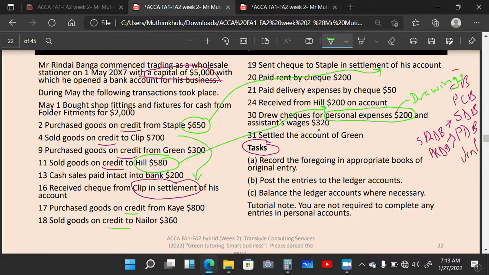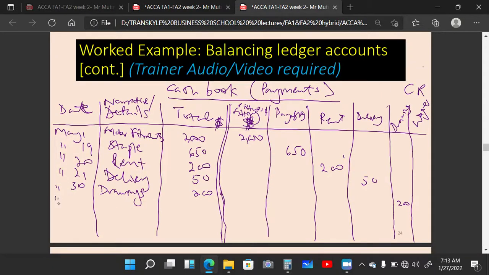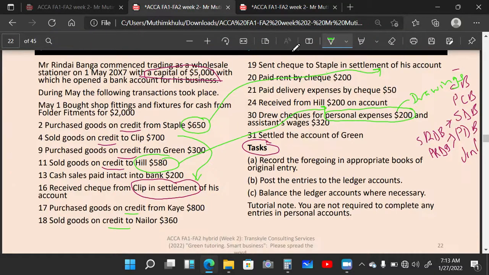And then wages 320 on the same date, wages, $320. Do we still have any other information?